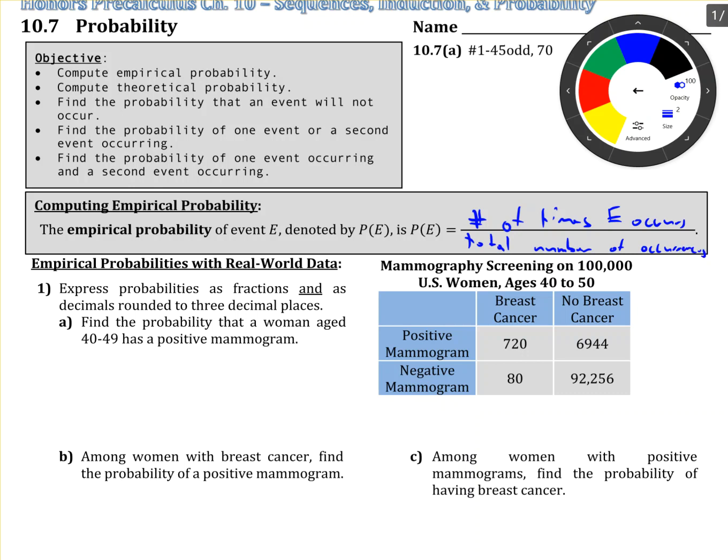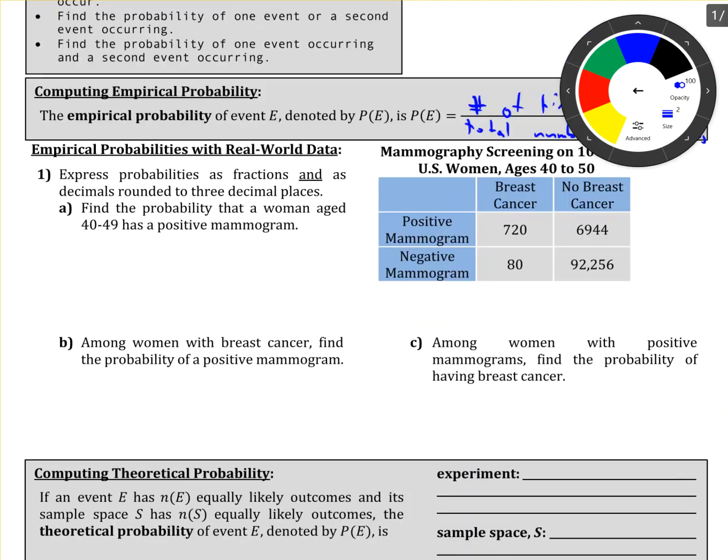All right, so again, if I flip a coin 10 times and I get 7 heads, the empirical probability of getting heads would be 7 out of 10, because empirical means basically tested. So I've actually gone through and tried it out and seen what I got. We'll talk about the theoretical probability in just a second.